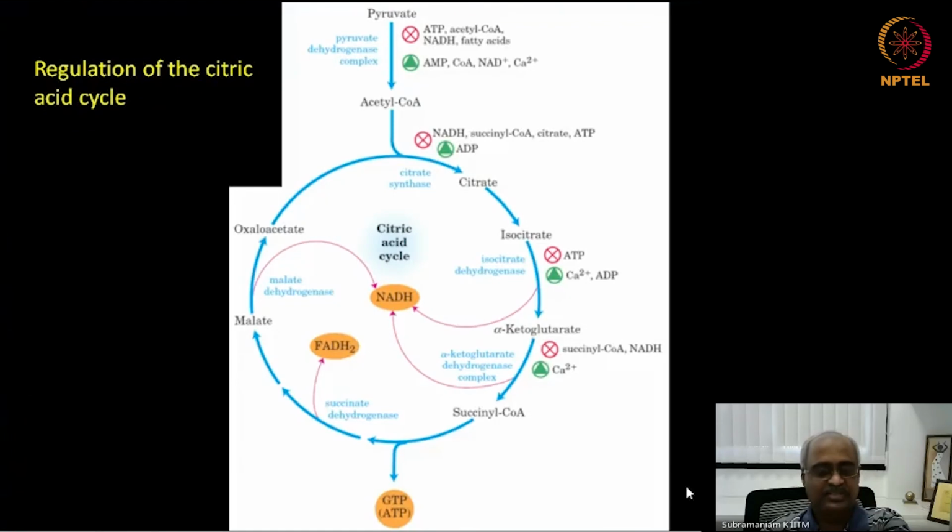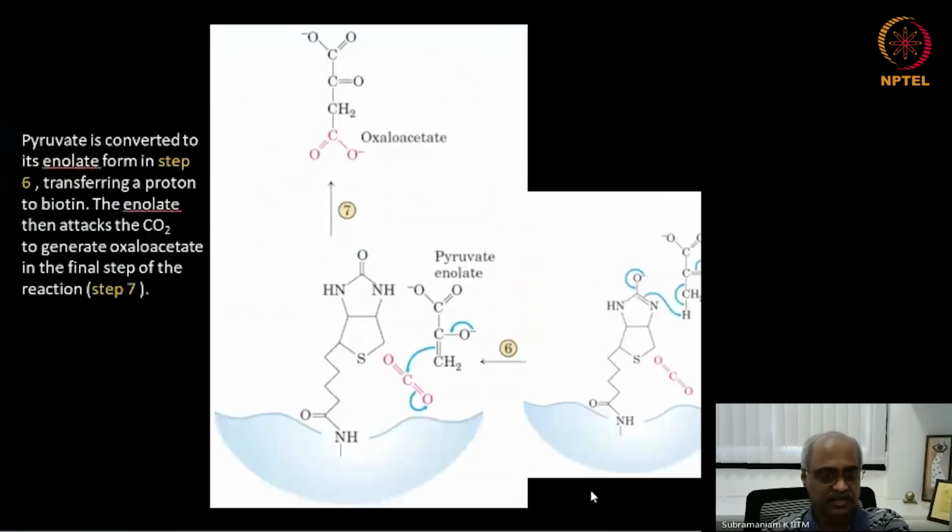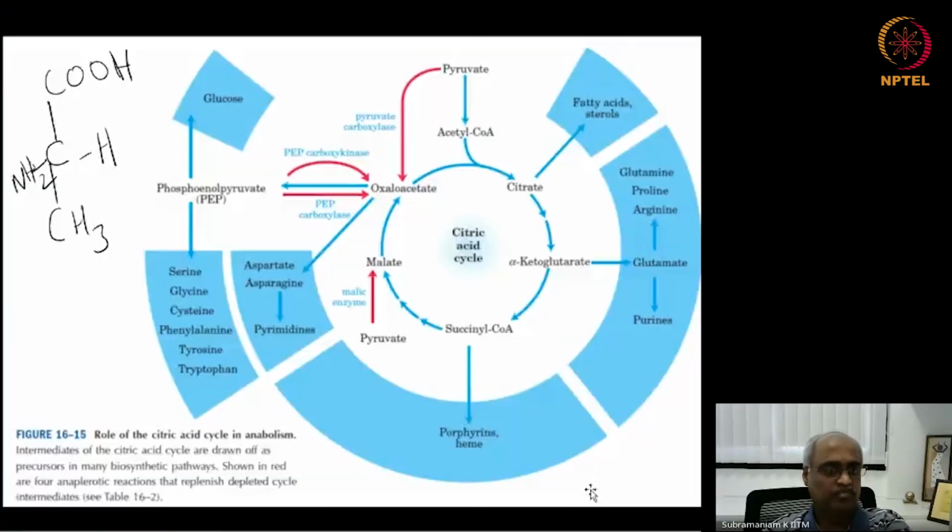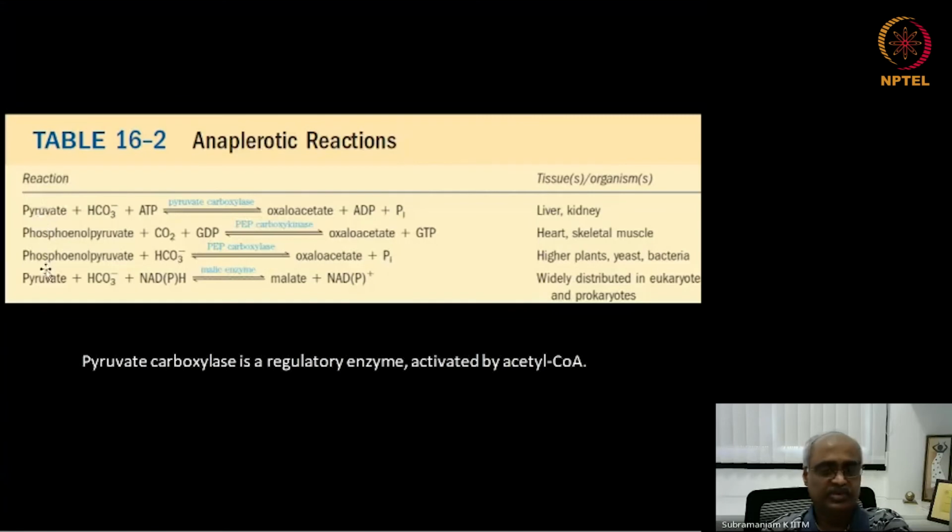Anaplerosis is producing from other sources these intermediate molecules here, primarily oxaloacetate and malate from pyruvate or phosphoenol pyruvate. That is replenishing the intermediates of the citric acid cycle from other sources. So here are the main ones listed.